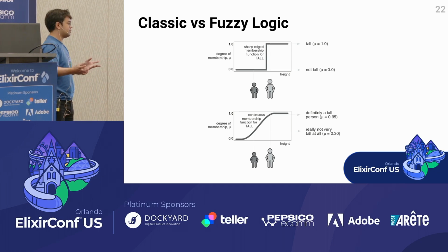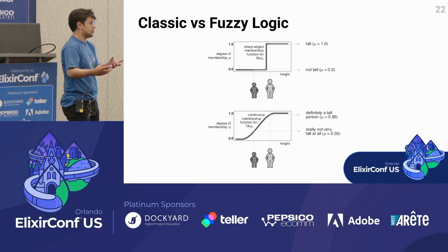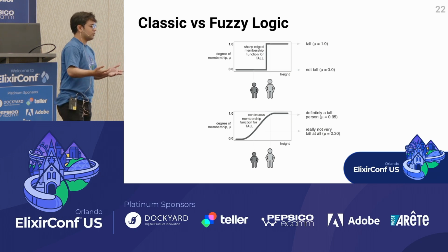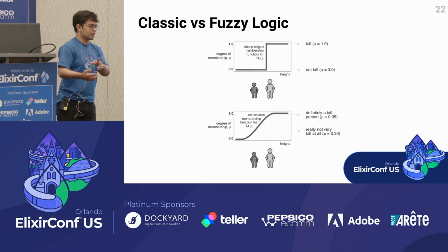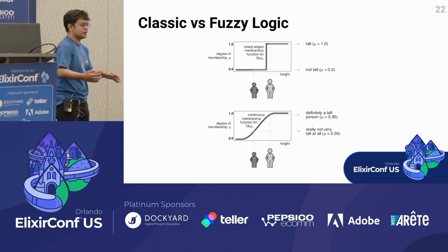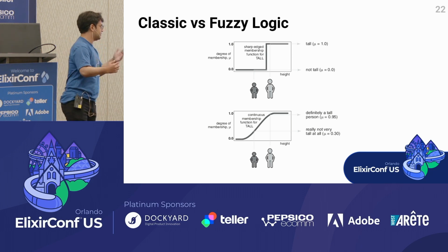Let's say, for example, the threshold is 2 meters, and we have a person that is 2.05 meters, it will be successfully classified as a tall person. But what happens when we have a value that is near the threshold, like 1.999? Well, the system will classify it as a shorter person, and that's a problem, because we as humans know that that logic seems wrong, and it fails for us.